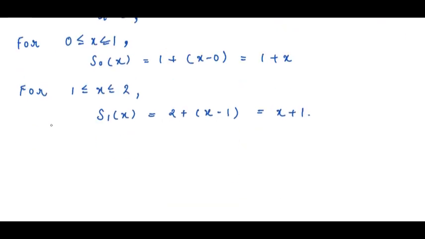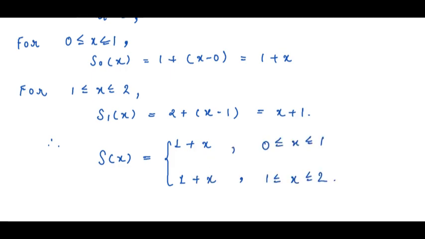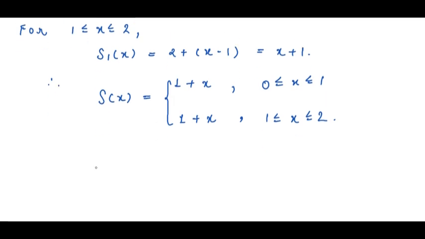Therefore, the spline s(x) is 1 plus x on both intervals, where x lies between 0 and 1 and between 1 and 2. So in this particular example, the data already lie on a straight line. Therefore s(0.5) becomes 1 plus 0.5, and s at 0.5 is 1.5.